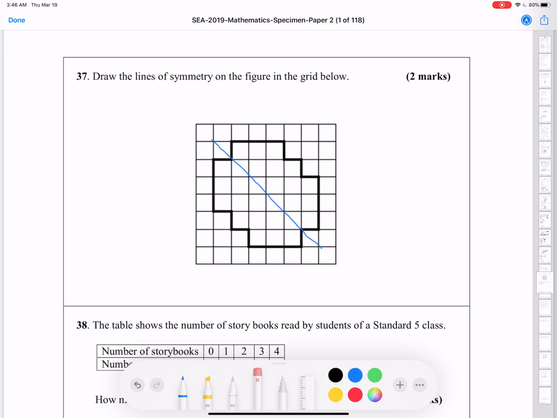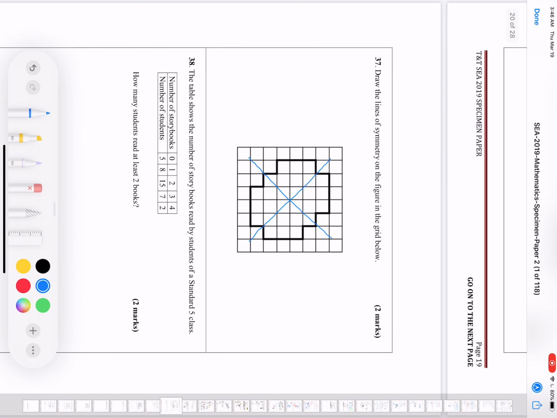Sometimes you have to turn your paper. Yeah, this is one. Yeah, sometimes you have to turn your paper. That'll be one, yeah, that'll be one. It looks like a little butterfly. Is it? Making sure it is.